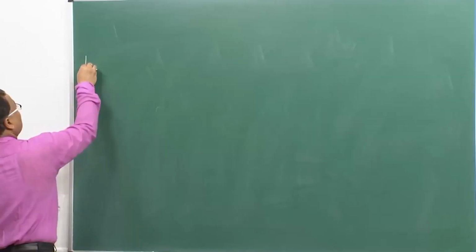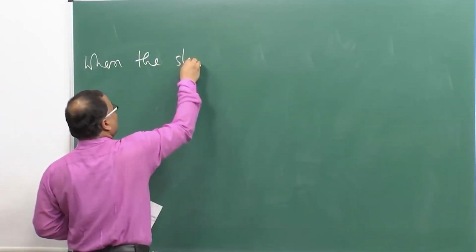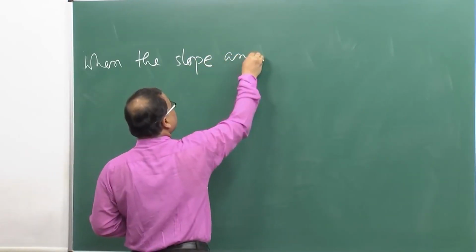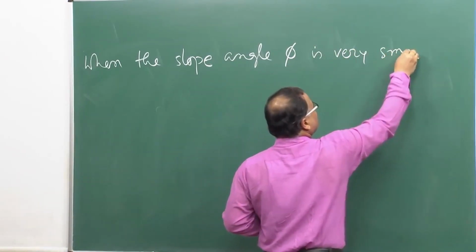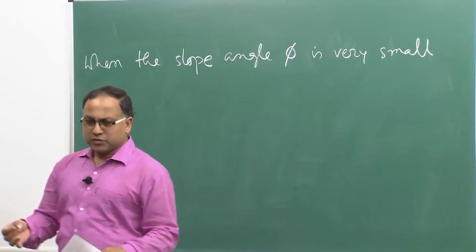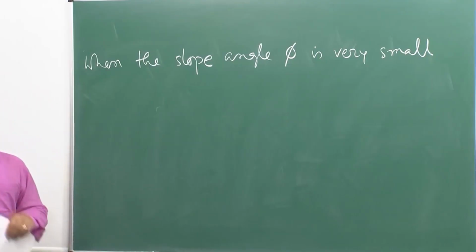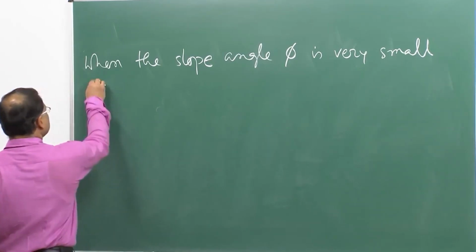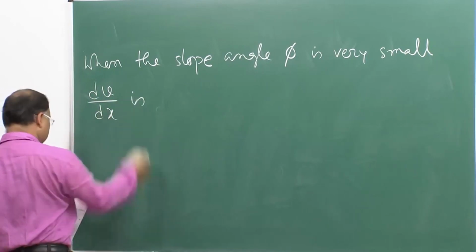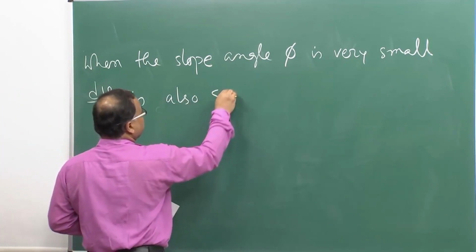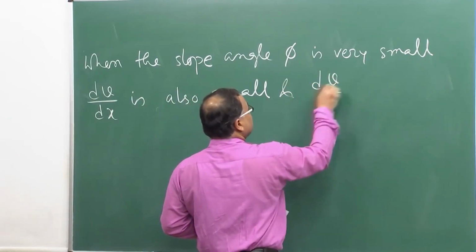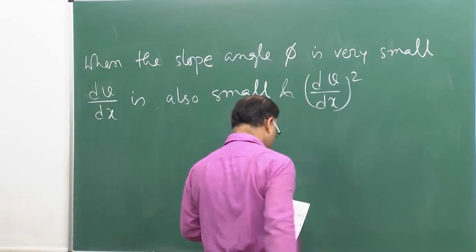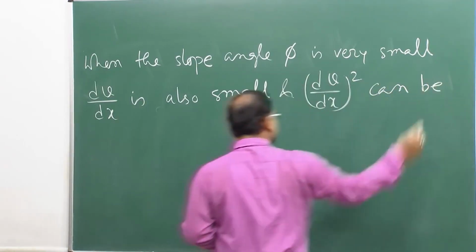Now, when the slope angle phi is very small, because generally in this kind of slender beam or slender member this phi is very small, the slope angle is very small, therefore we can say dV dx is also small, and dV dx whole square can be neglected.